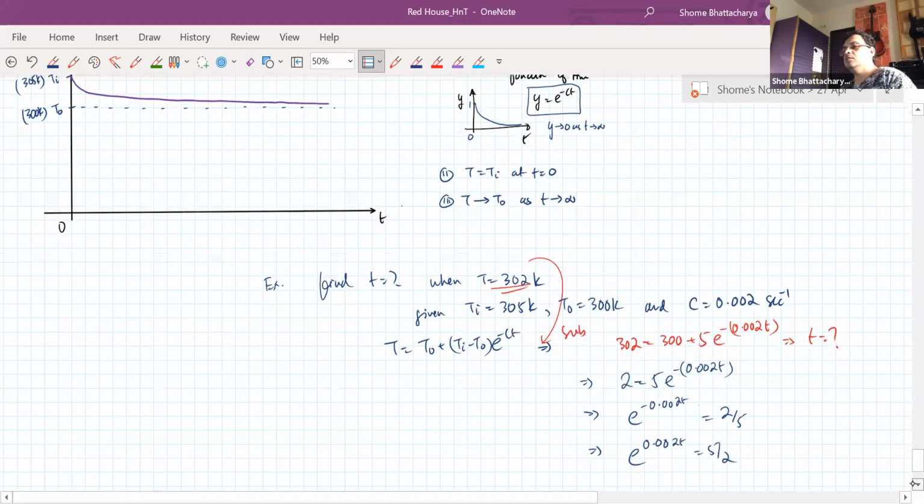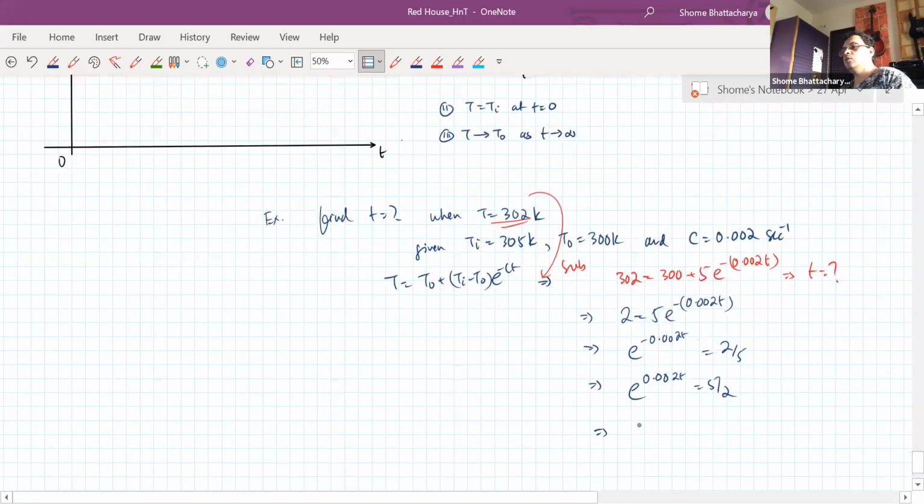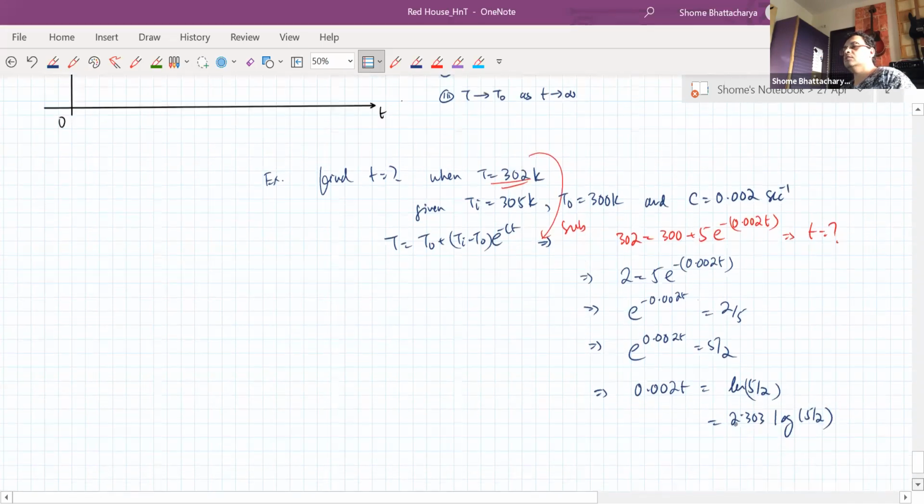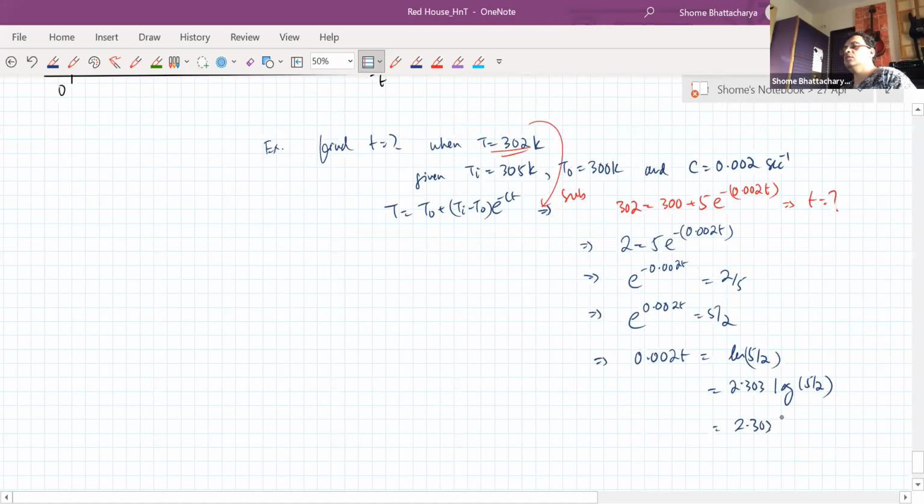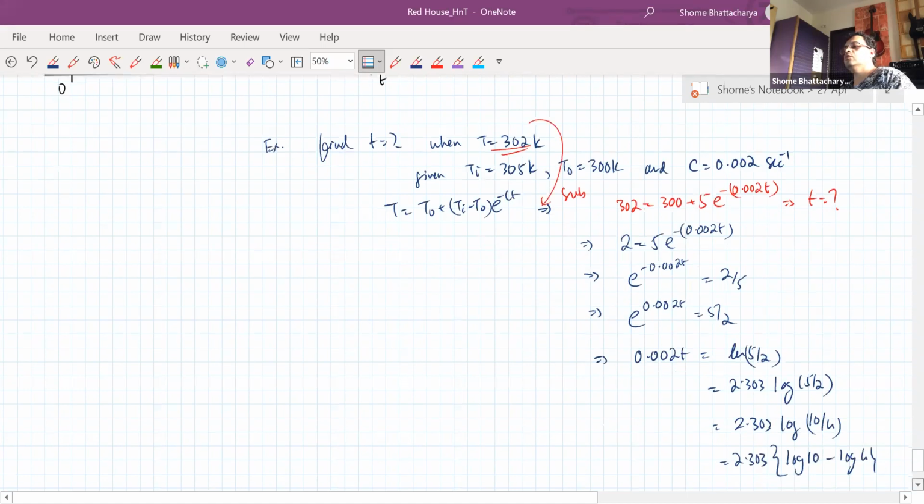Now take the exponential, or rather take log on both sides. So this is ln of 5 by 2, which you can write as 2.303 times log of 5 by 2, which you can write as 2.303 log of 10 by 4. So log 10 minus log 4.